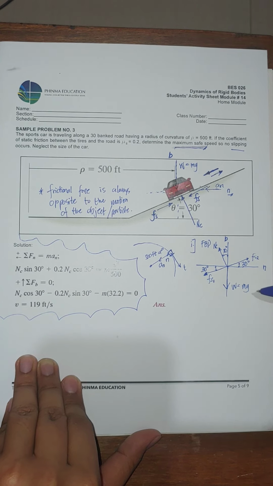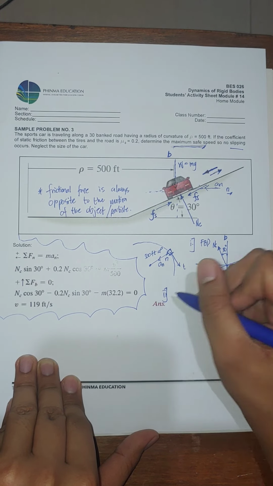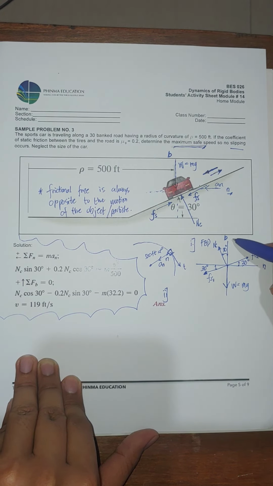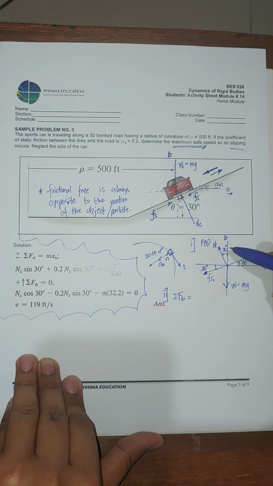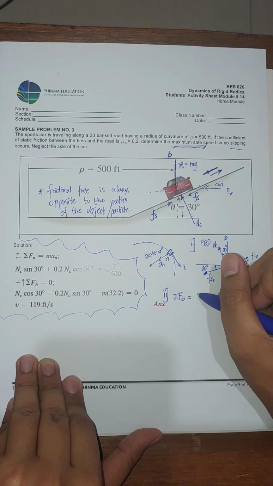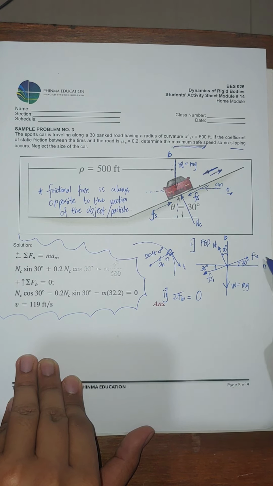So para mas dali atong pag-solve, let's start having a summation of forces along the binormal direction. Summation of forces along the binormal. There is no acceleration along the binormal. Therefore, this is equal to 0. So forces involved along the binormal, if you can see. So we'll have two cases, case 1 and then considering also the case 2.